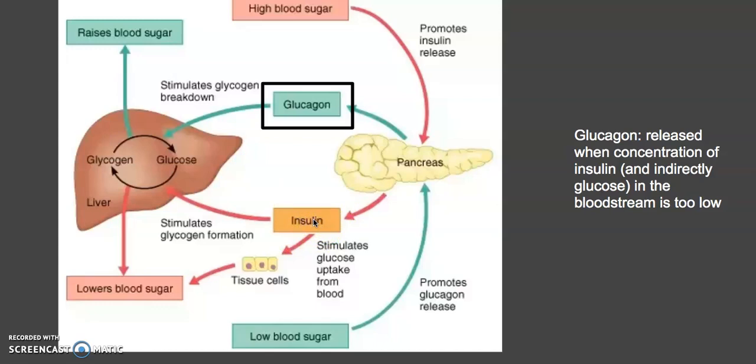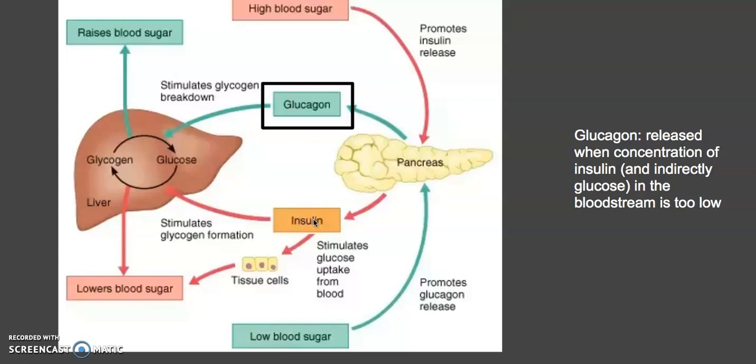insulin is taking sugar into cells for how much sugar there is, right? It's a proportional mechanism. And so if there is enough insulin, then you might think, oh, okay, the glucagon will think, okay, this is fine.